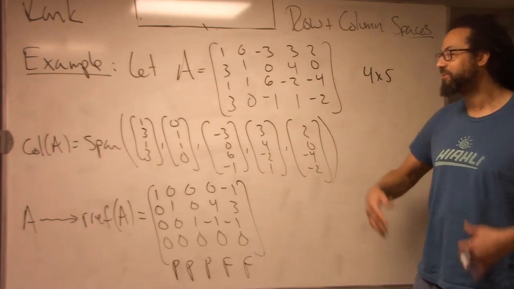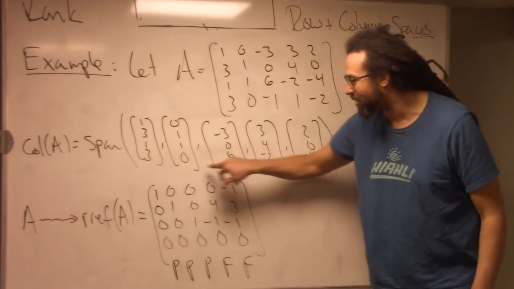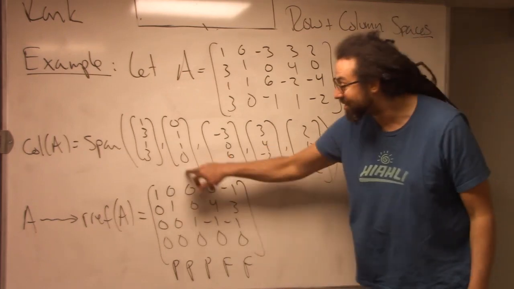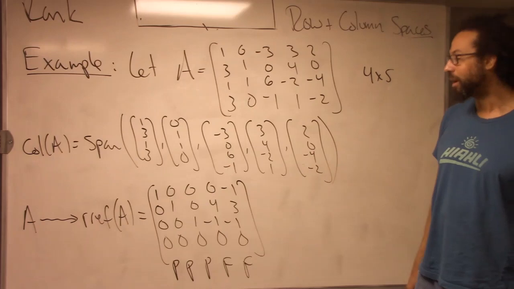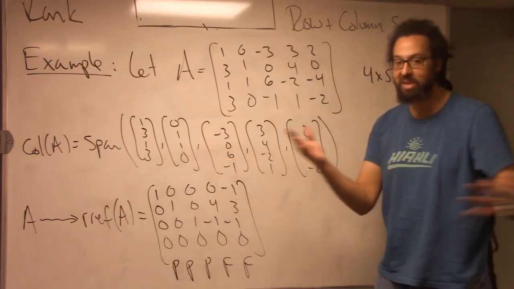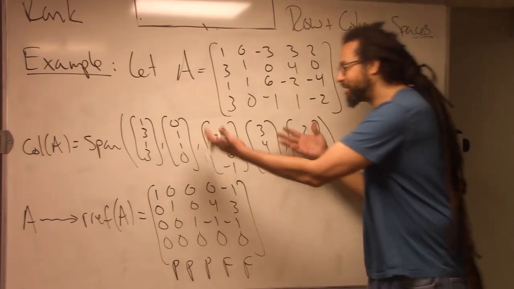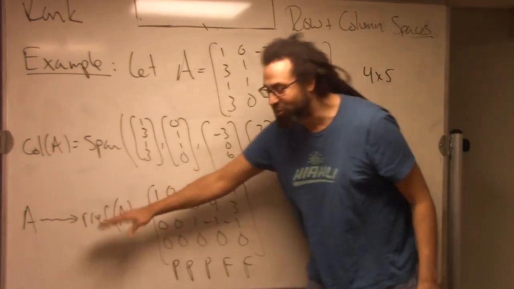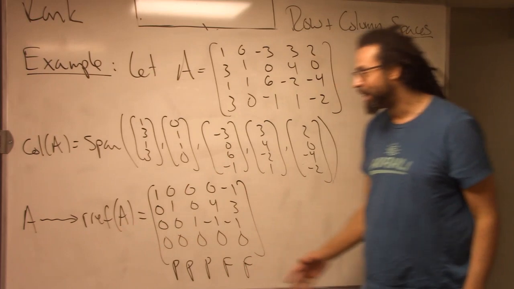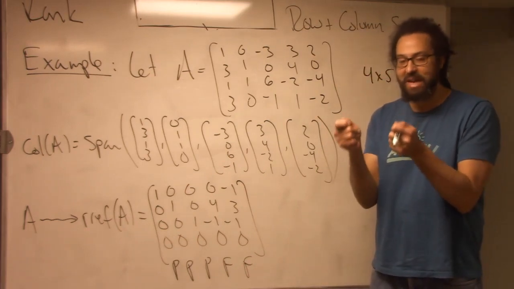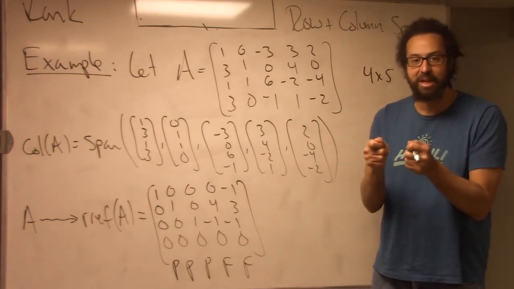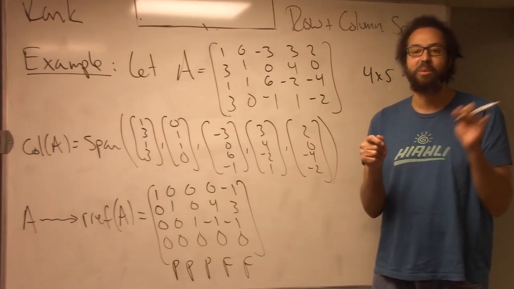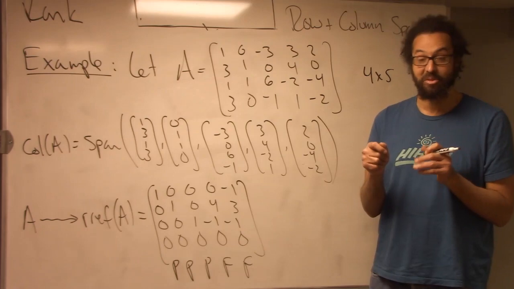So how do we pick out a basis from these 5 columns? Based on the previous two examples, we take the columns, arrange them in a matrix, put that matrix in reduced row echelon form, and then we saw that the vectors associated with the free columns are the ones that are linearly dependent on the pivot columns.